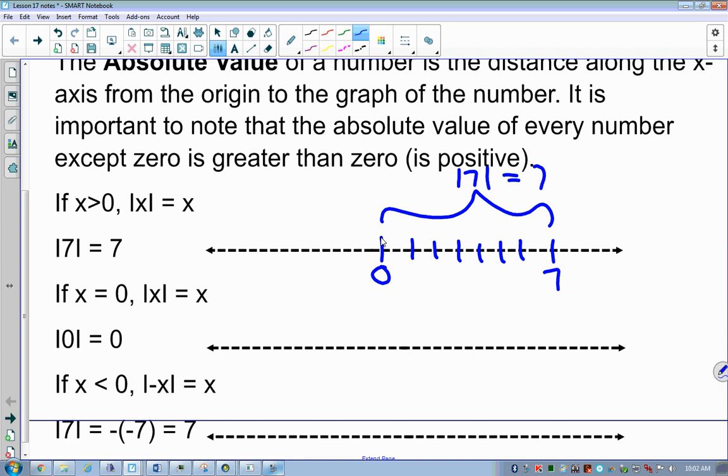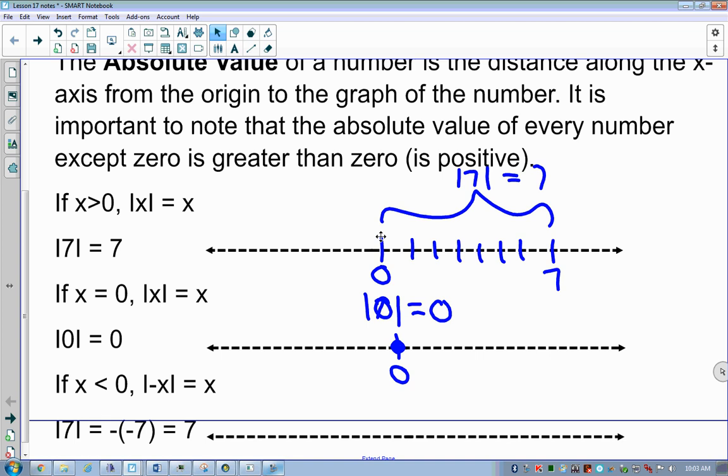If x equals 0, then the absolute value of x is still x, meaning that if we're at 0 here on the line, there it is right there, the absolute value of 0 is 0. There's no negative 0. Okay, 0 is just 0.